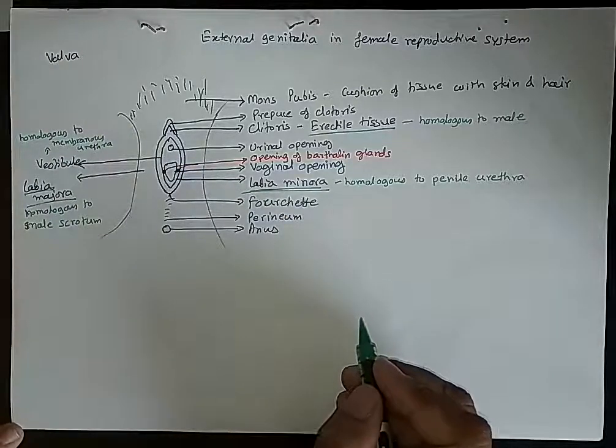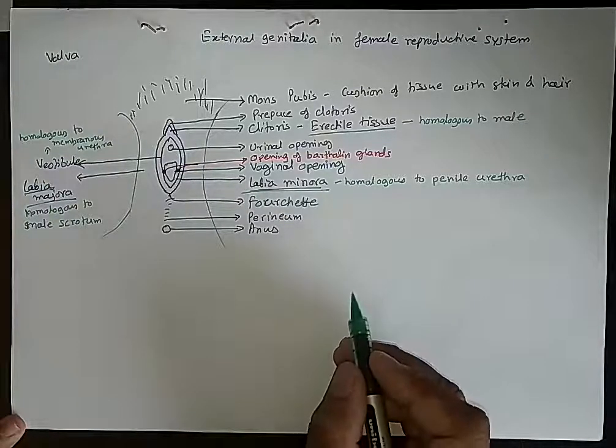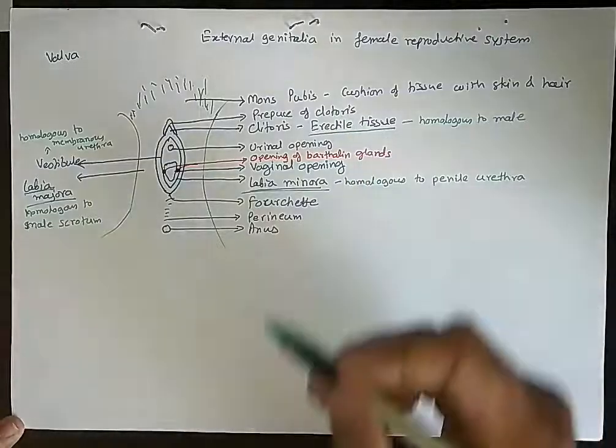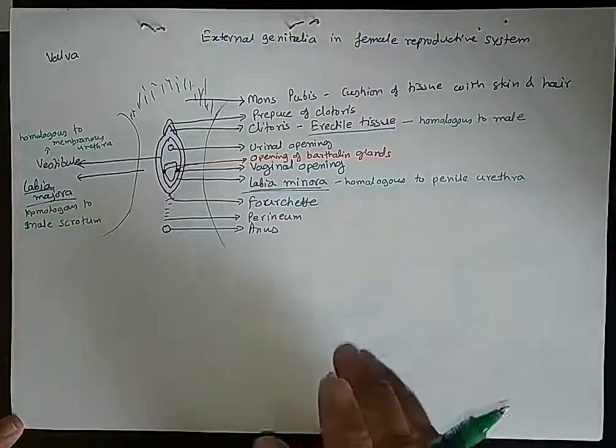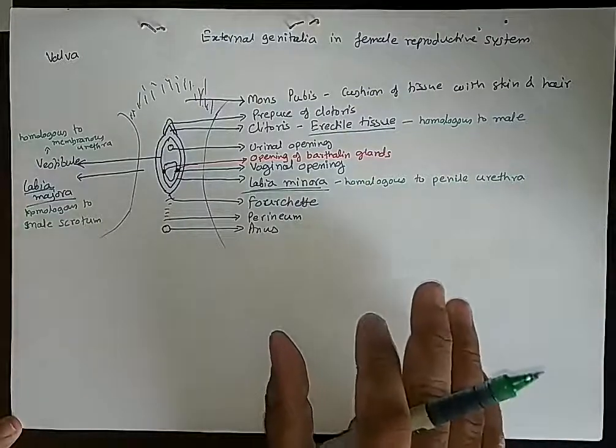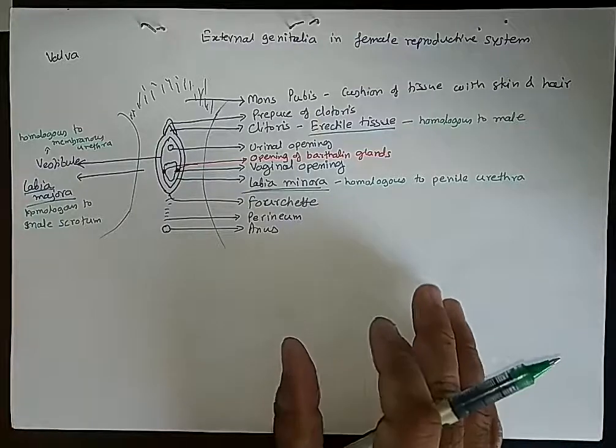So these are the different regions in the external genitalia in the female reproductive system.